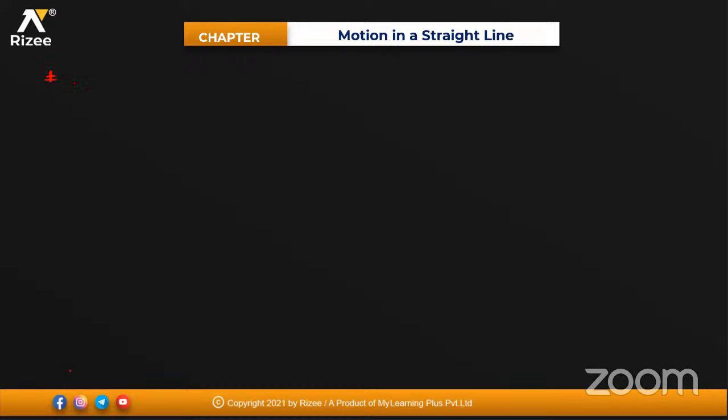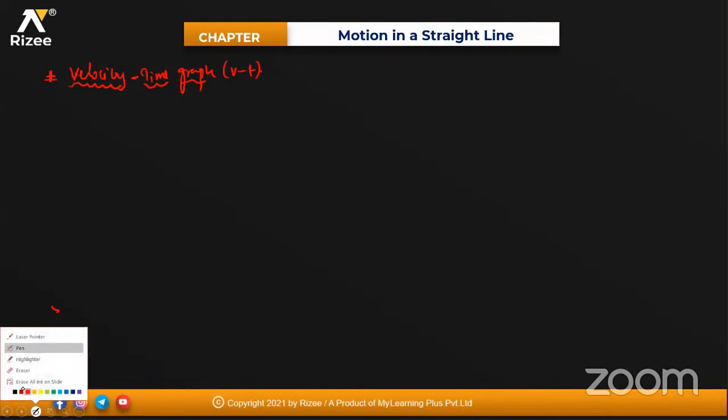Next slide. VT graph. Velocity versus time graph. That is VT. So slope of velocity will give me what, beta?